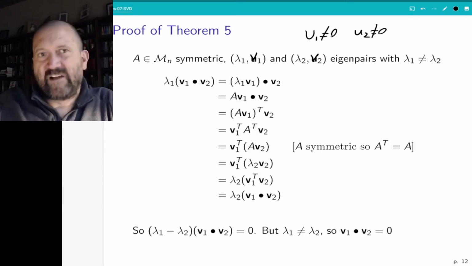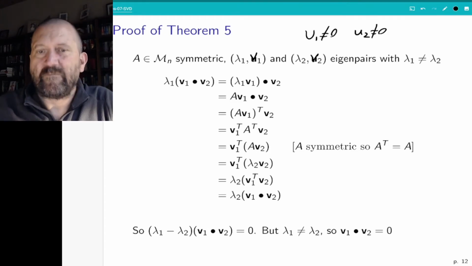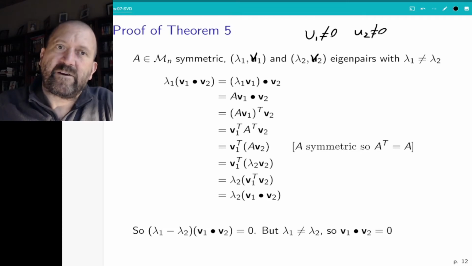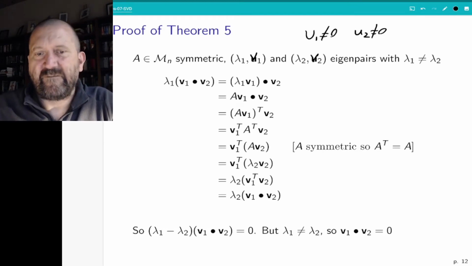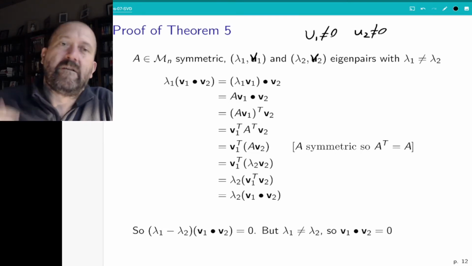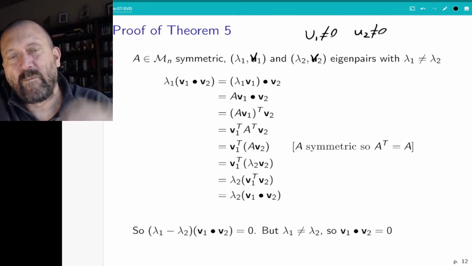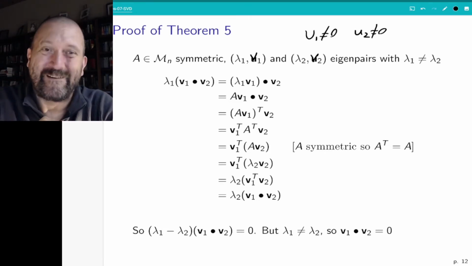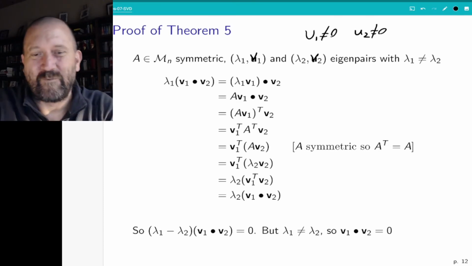Well, as usual, we can move things around. So this is lambda 1 V1 dot V2. And lambda 1 V1, because this is an eigenpair, this means this is A V1 dot V2. We use the same trick as we've been using: dot producting two vectors is the same as multiplying the one on the left, transposed, by the one on the right.